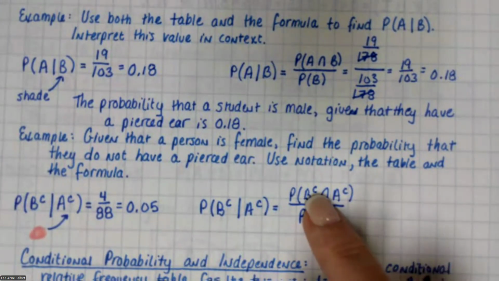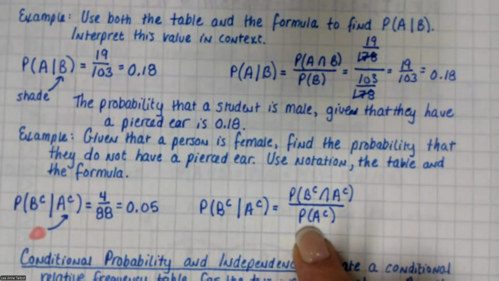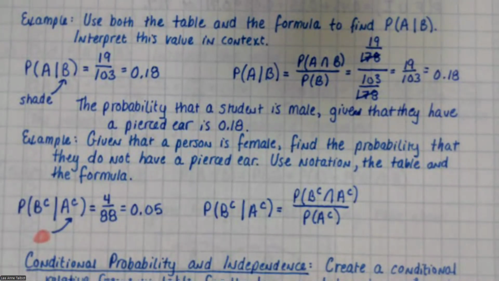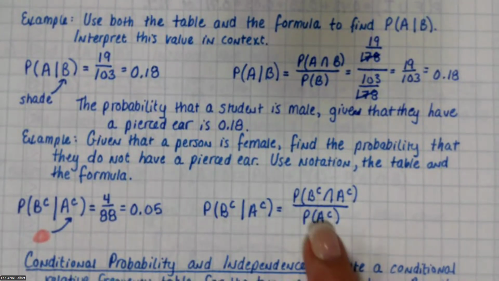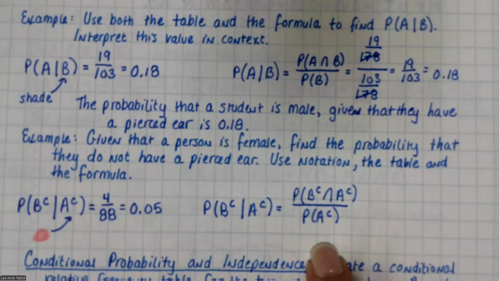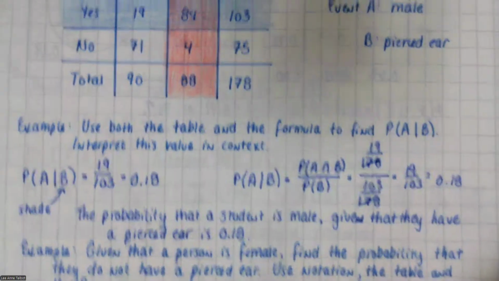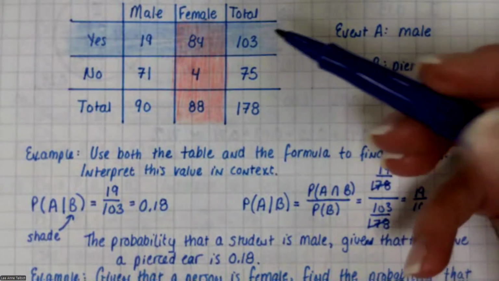So both of the things together over the second one. I like to think of it that way. If I try to remember the formula in my mind without looking at the formula sheet, I say probability of both over the second one. Because the second one is what you're narrowing it down to. Anyway, okay, so what is the not pierced ear, not male box?